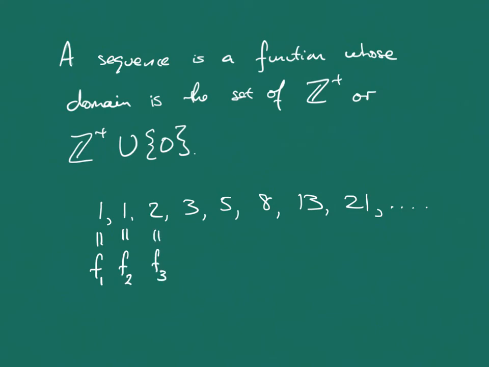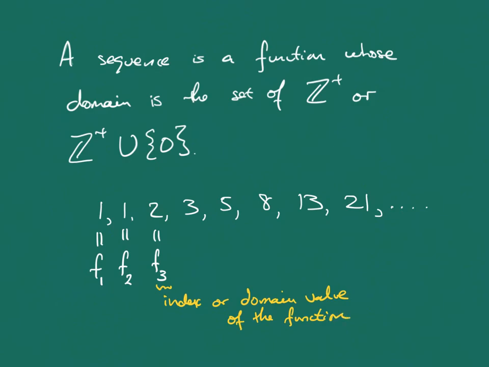So when we say that this is going to be a function, we're really thinking of these subscripts. The subscripts are really just going to be the index, or the domain value, of the function.